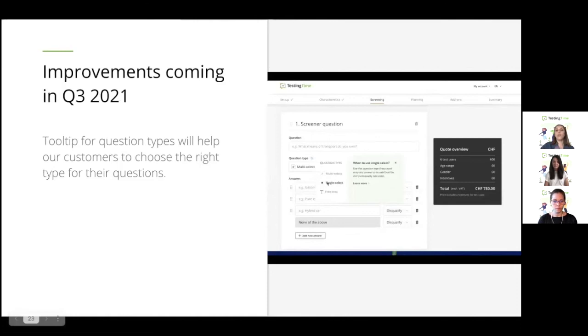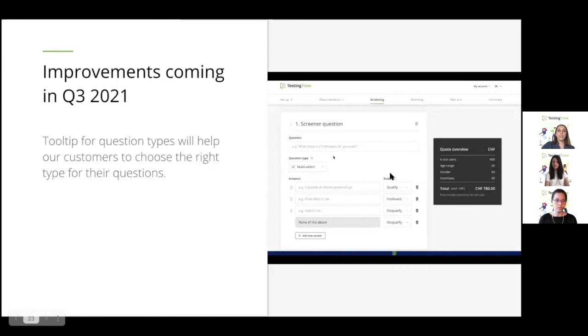Whenever you are at the point of choosing a question type, you can access this little tooltip sign here, and you can see the information about multi-select, single select, and text. You can also click the learn more link to find out more about question types.